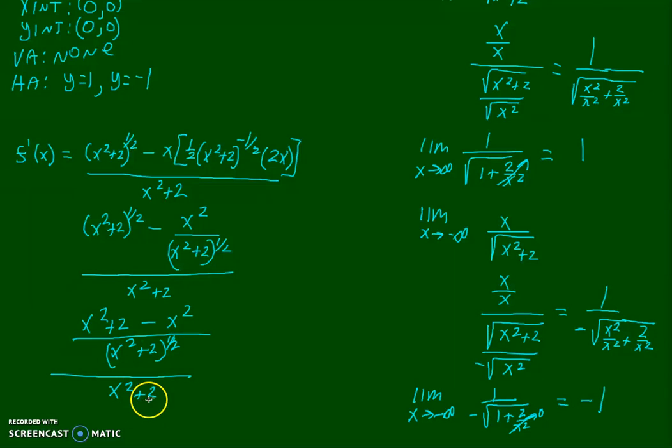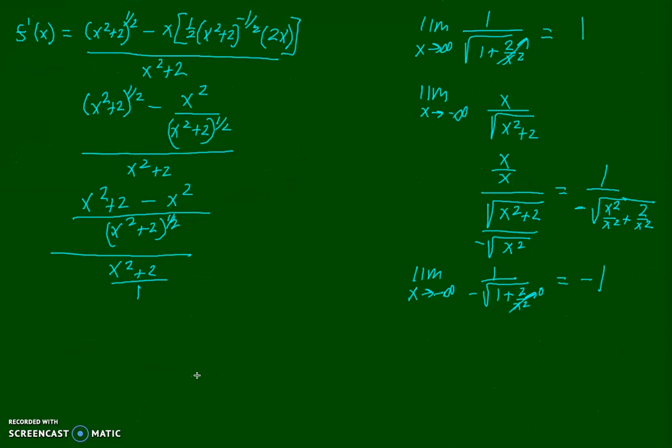Now, I want to simplify this thing, so looking at this, we know that this is just x squared plus 2 over 1. I'm going to get rid of this division by taking the reciprocal of this denominator and multiplying it by that guy. So this x squared and this x squared cancel out.